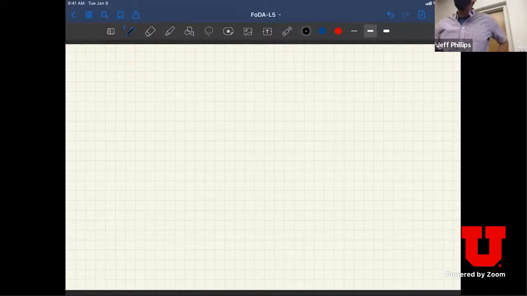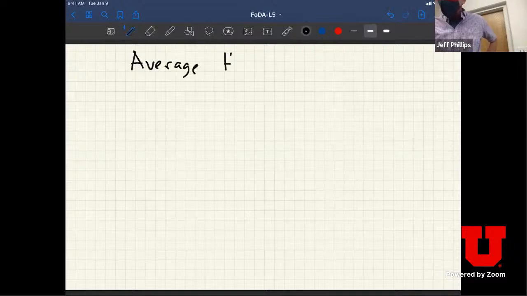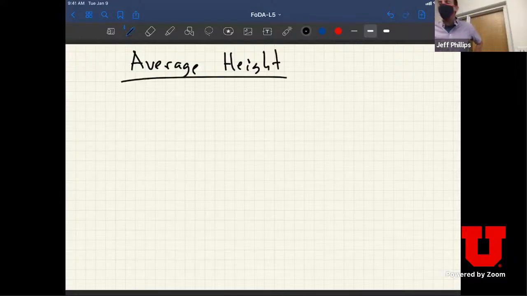So let's go through an example, an example about the average height.